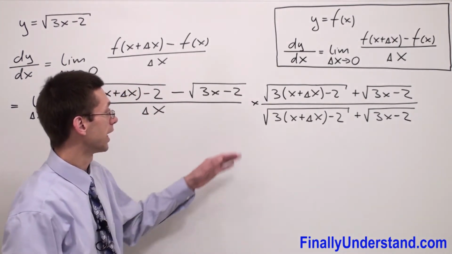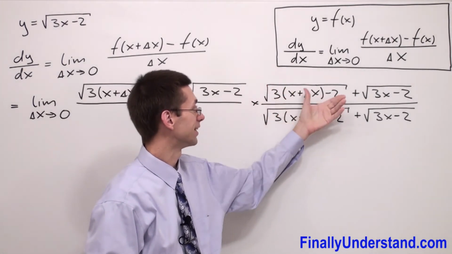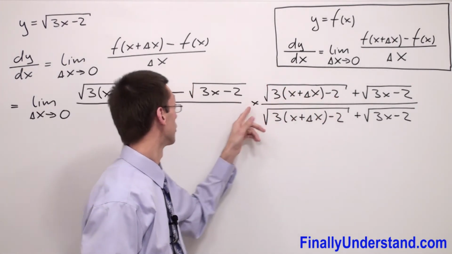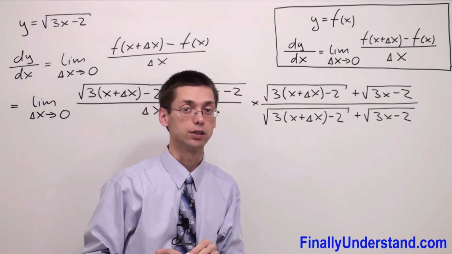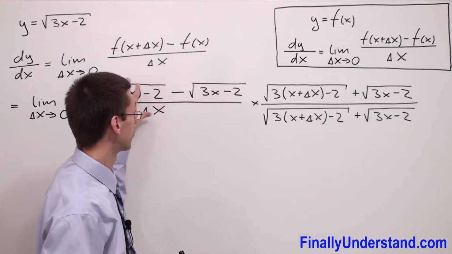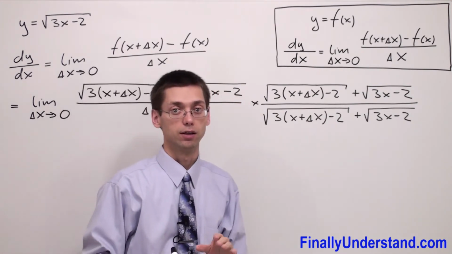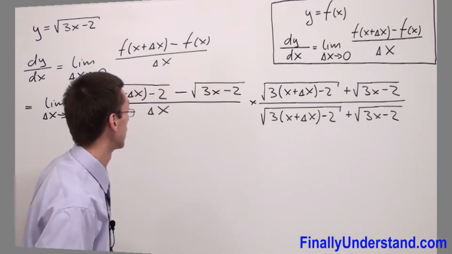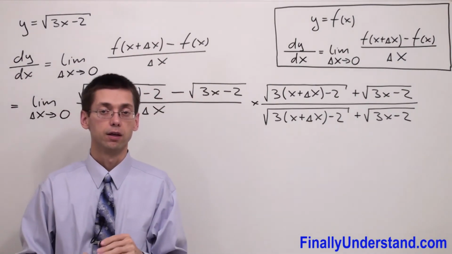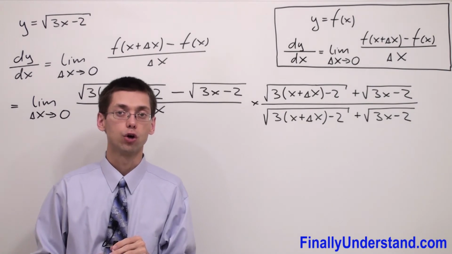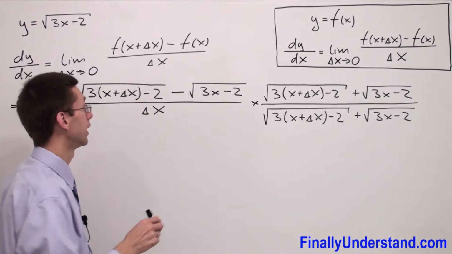Please notice that I divide by itself, exactly the same value, so I multiply this fraction by 1. So I'm not going to change the value of my original fraction, I'm just going to change the way it looks. Please notice that right now we are dealing with the formula called the difference of squares.